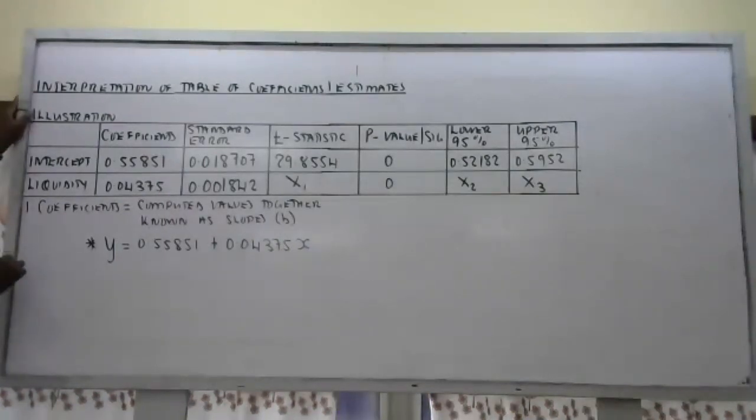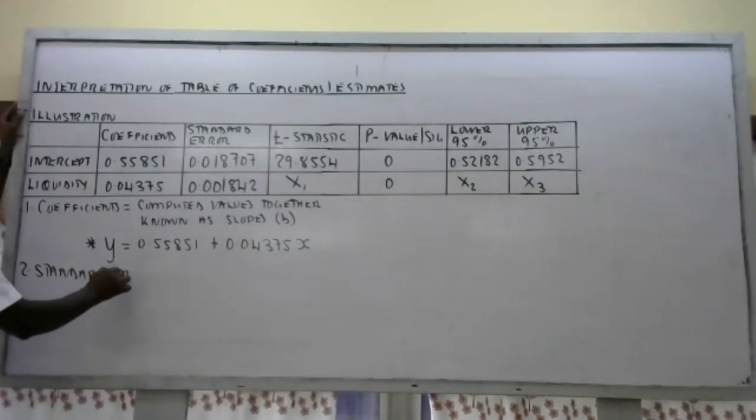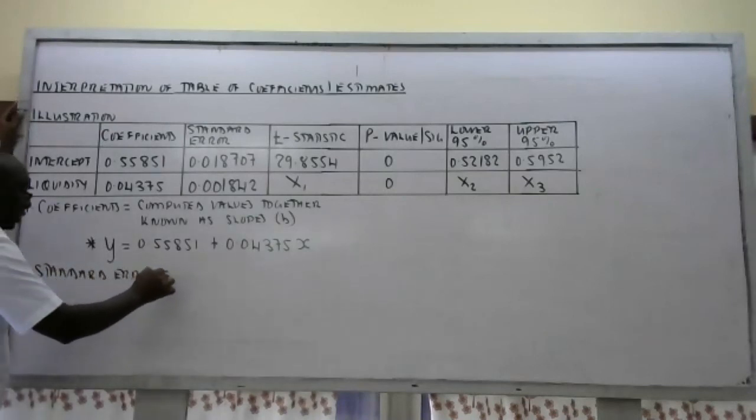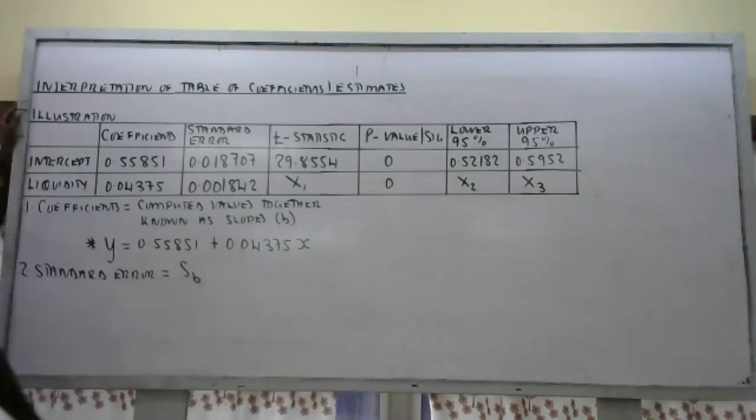The second point is, when you see standard error here, it is what we have been calling SB. Point number 3, the so-called T statistic.